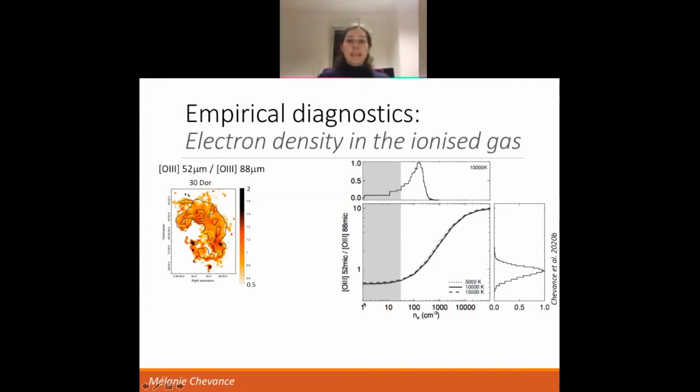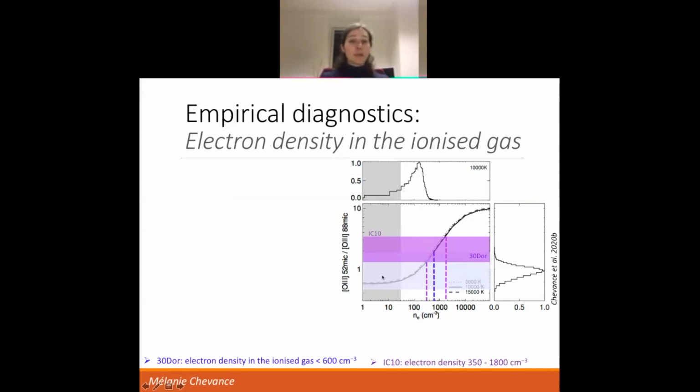What you see here is that analytically, we can predict the variation of this ratio as a function of the electron density in the ionized gas using the theoretical collisional rates. Now, if we overplot the ratio that we have measured, between about 0.5 and 2, we get an electron density in the ionized gas that is below 600 electrons per cubic centimeter.